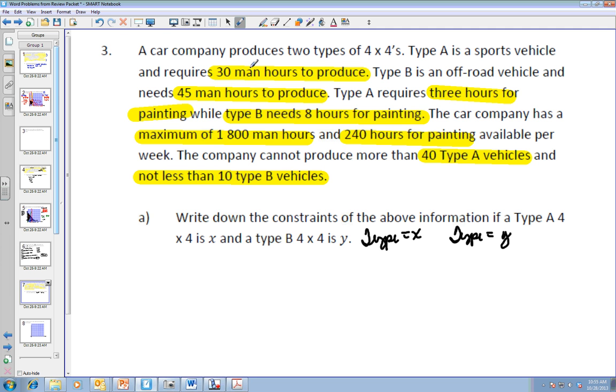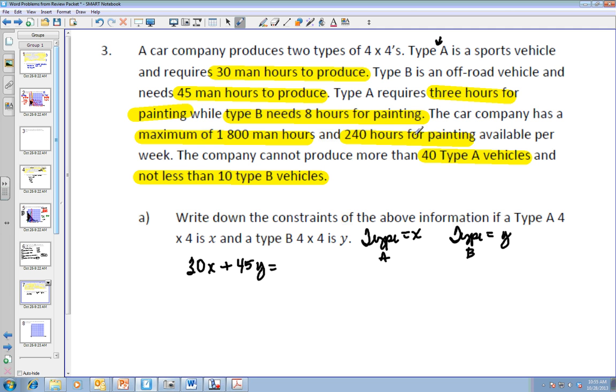It takes 30 man-hours to produce Type A, so 30 times X. And for Type B, it takes 45 man-hours to produce, so 45 times Y, because Y stands for Type B.